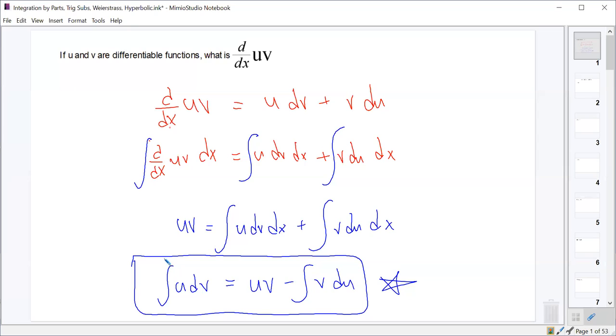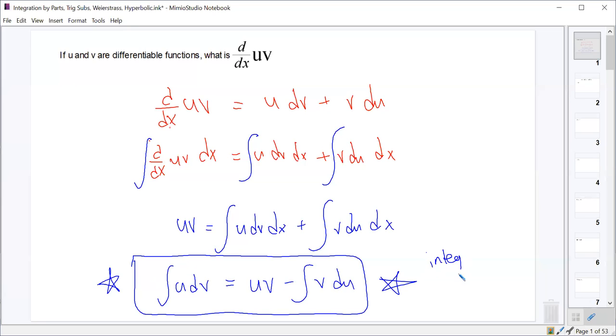So what this is telling me is if I have some function that is a product of two functions, where one of them is a function and the other can be written as the derivative of some other function, well, that integral is equal to u times v minus the integral of v du, which doesn't sound like it's really that important, but it is.